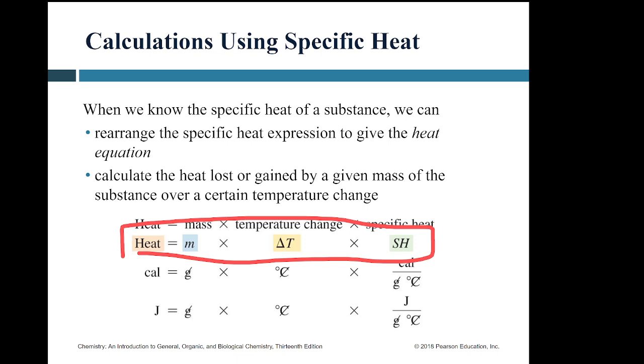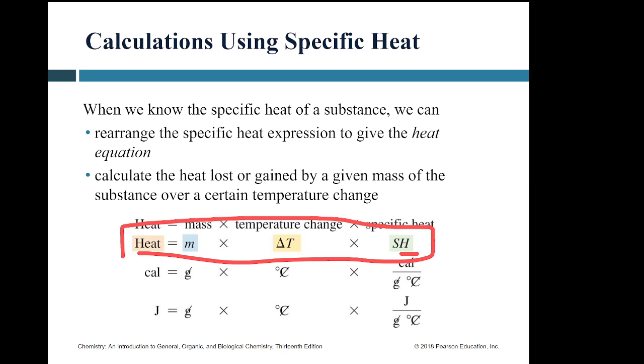And again, it's just heat equals the mass times the change in temperature times the specific heat. Notice that it's the exact same equation as before, just rearranged. So heat is by itself, and specific heat is now over on the right side. See that? That's all that's happened.